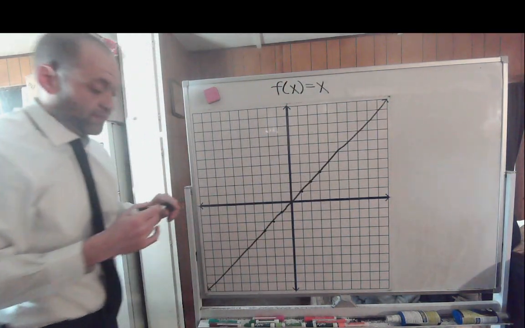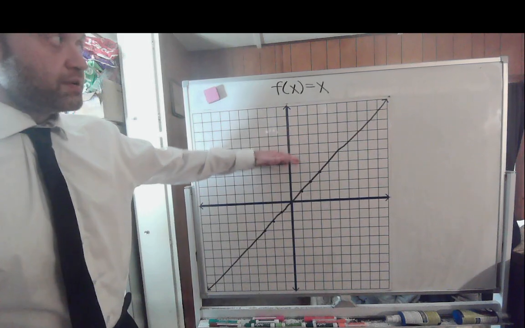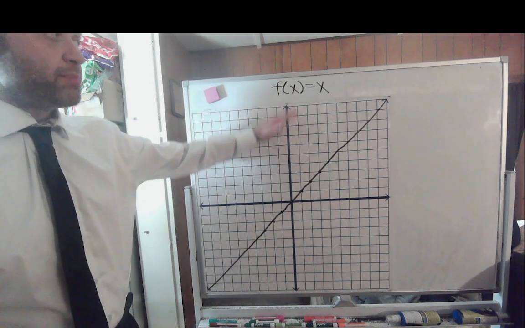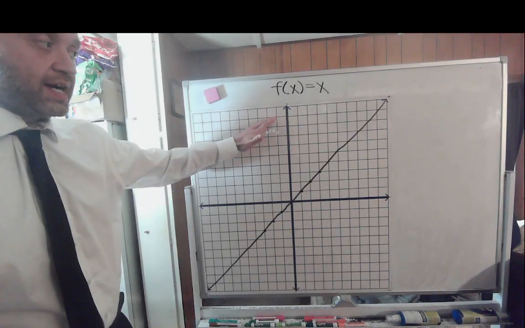So there's my f of x equals x. That's the basic graph of the parent function f of x equals x.